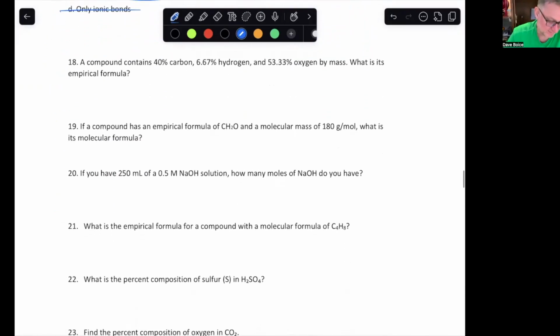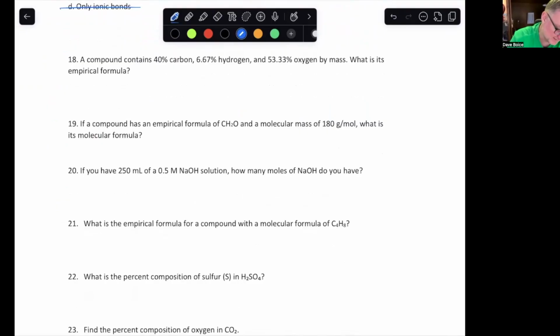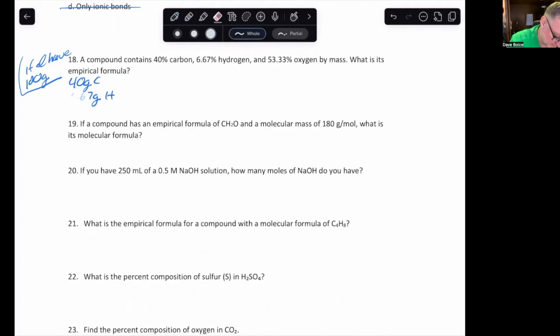Okay, number 18, compound. So in this case, we're already starting with percentages. So that's a little easier. Again, if I have 100 grams, then I would have 40 grams of carbon, 6.67 grams of hydrogen, and 53.3 grams of oxygen.